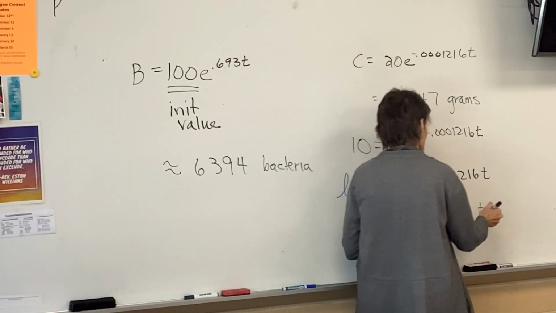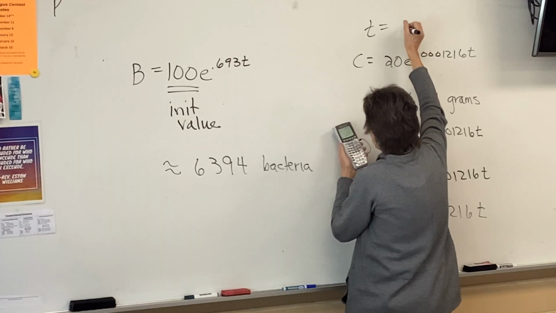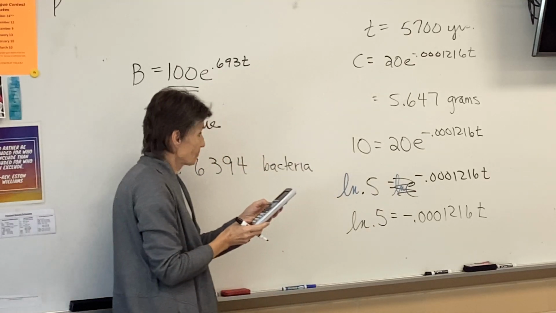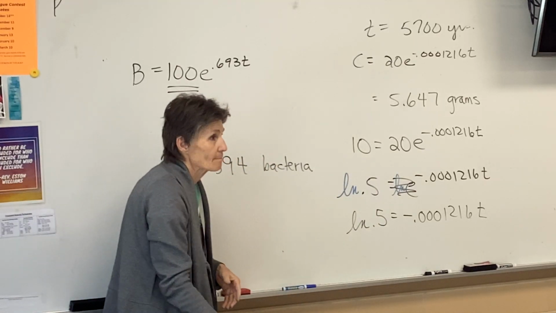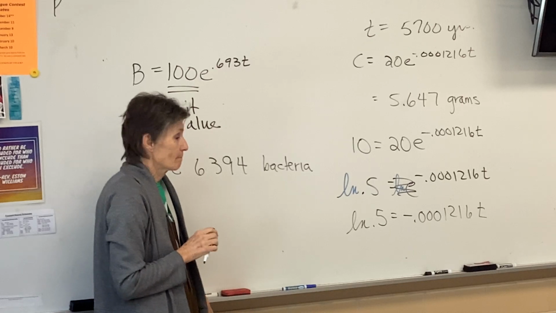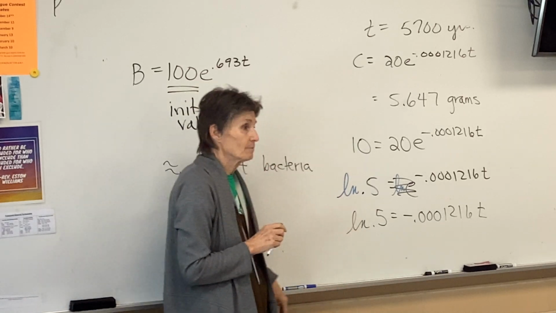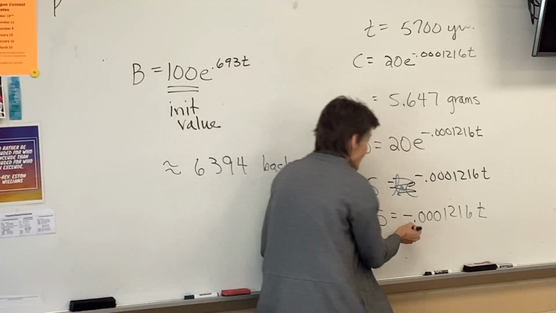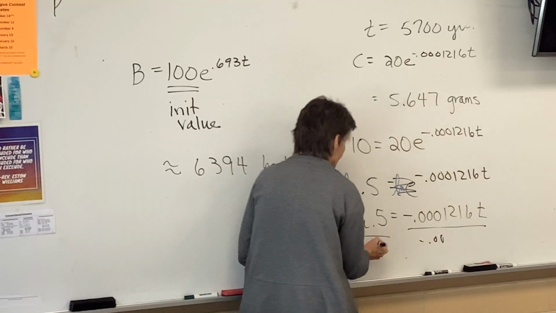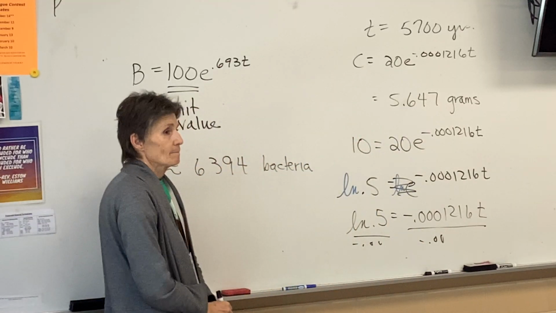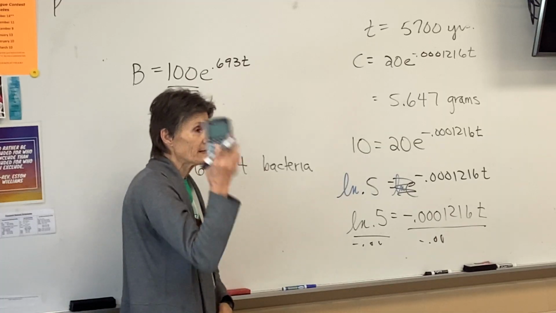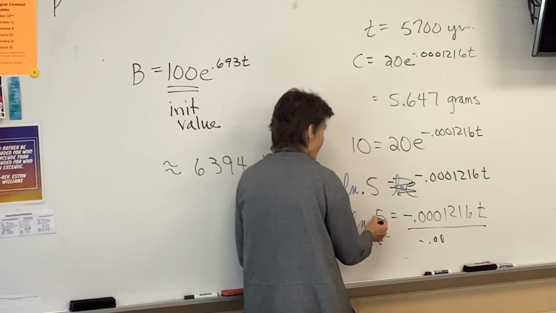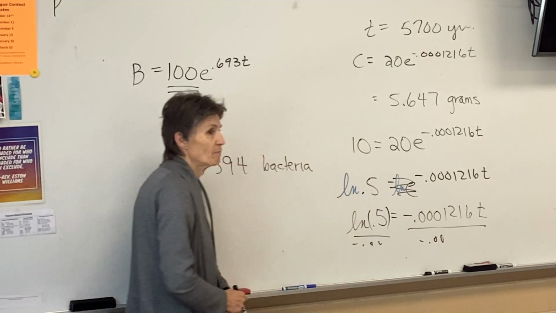And I got T to be about 5,700 years. We're dividing both sides. If you have an old calculator like mine, make sure that when you get ln 0.5, that you close those parentheses before you hit divide by.